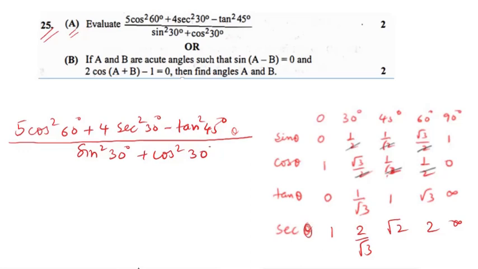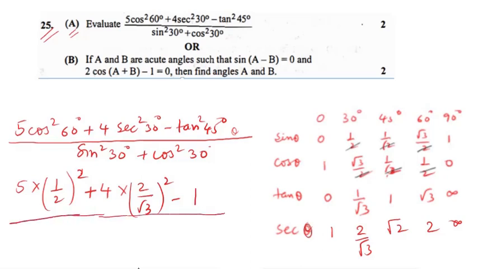Now 5 cos square 60 degree: cos 60 degree is 1 by 2, so write 1 by 2 square plus 4 sec square 30 degree. Sec 30 degree is 2 by root 3, and we have to use the square here, minus tan square 45 degree. Tan 45 is 1 and the square of 1 is 1, so write 1.